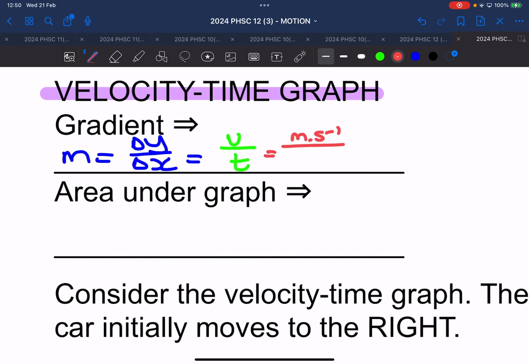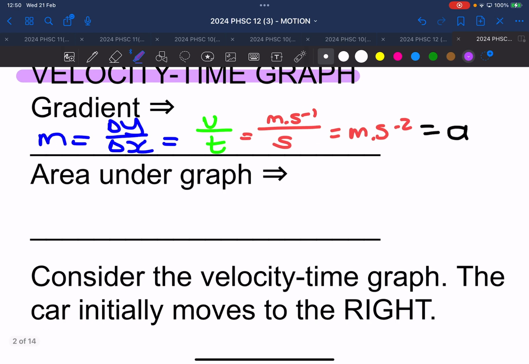Time is measured in seconds. Okay, so the gradient gives you acceleration.